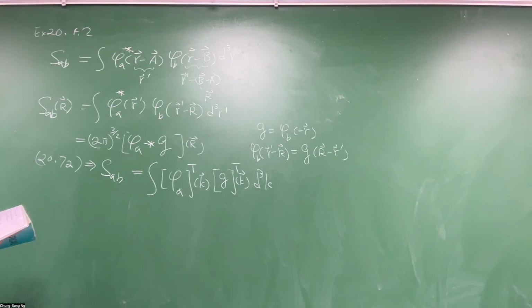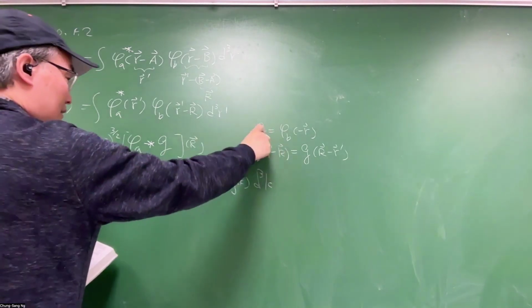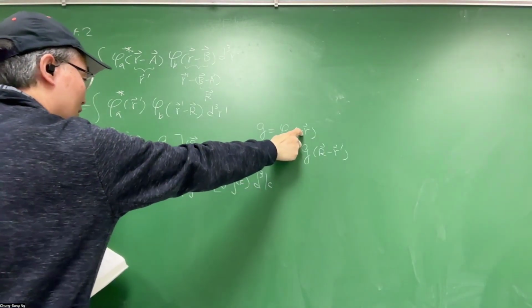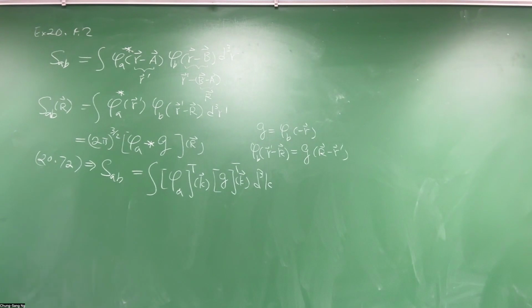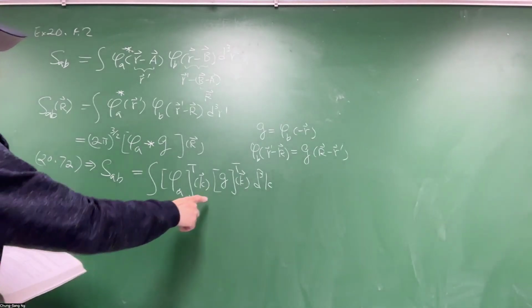That is 20.50. By 20.50, this function is defined as another function with the argument changed to a negative sign, and the Fourier transform just changes the argument to minus K.